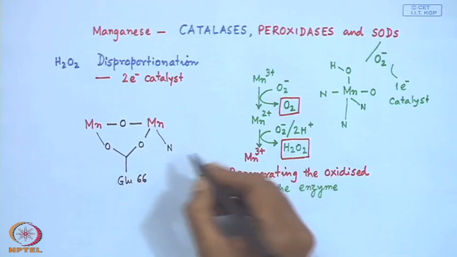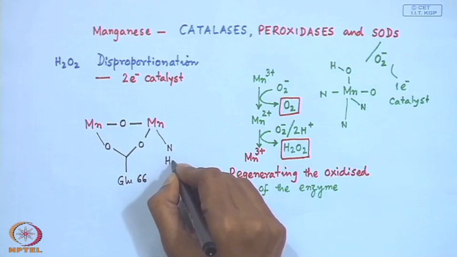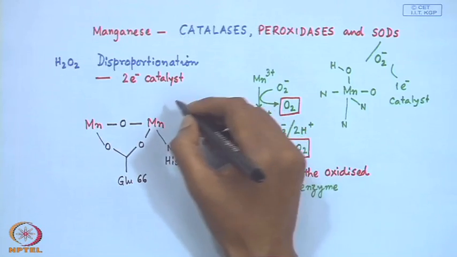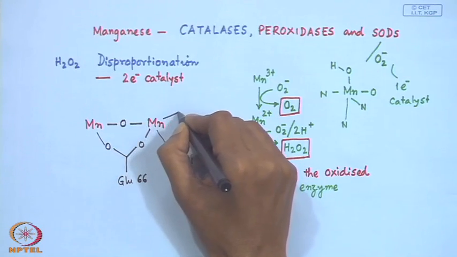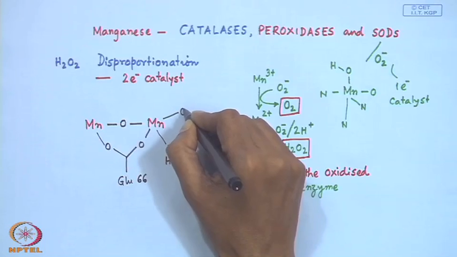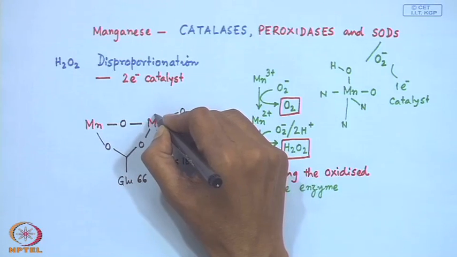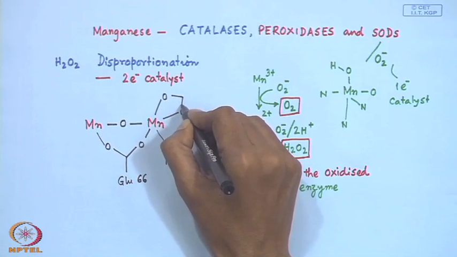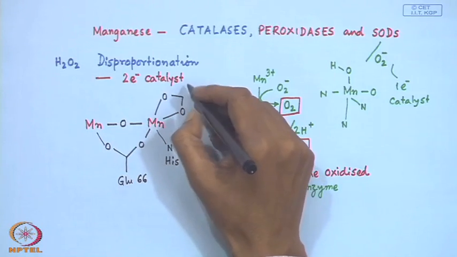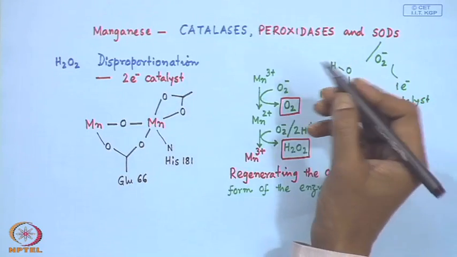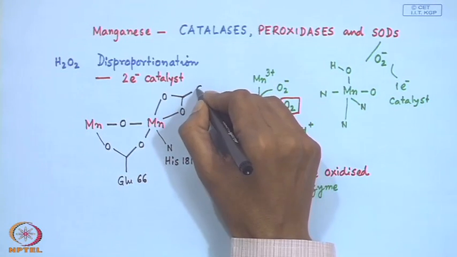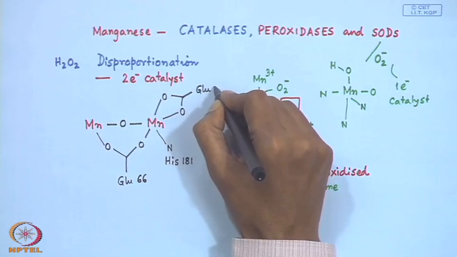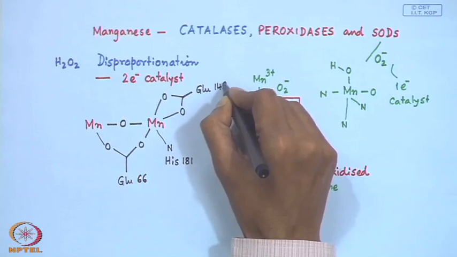This has nitrogen coordination from histidine 181, and interestingly some distorted coordination, which is not very common for first transition series elements like manganese, that it can go for bidentate carboxylate coordination from another glutamate residue, which is glutamate 148.